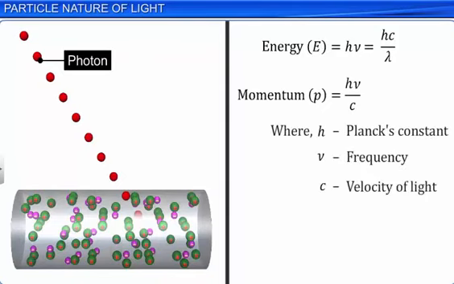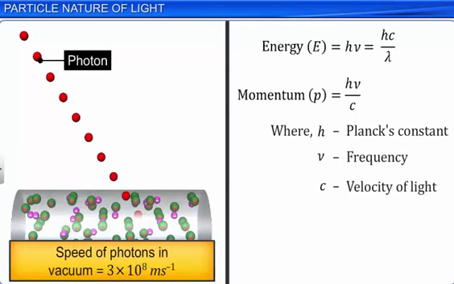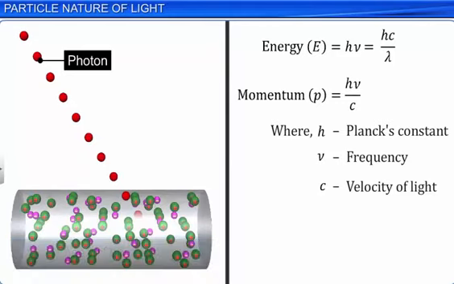All photons travel with the same speed of 3 × 10⁸ meter per second through vacuum, irrespective of their frequencies. All photons of light of a particular frequency, nu, or wavelength lambda, have the same energy and momentum, irrespective of the intensity of radiation.